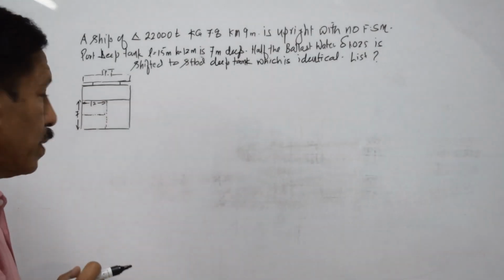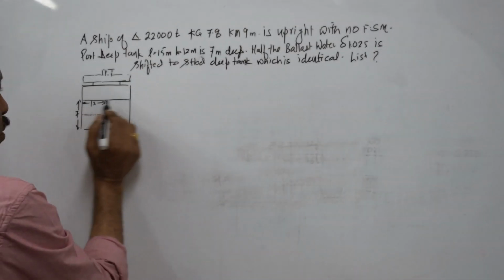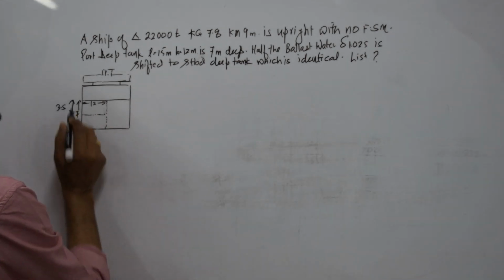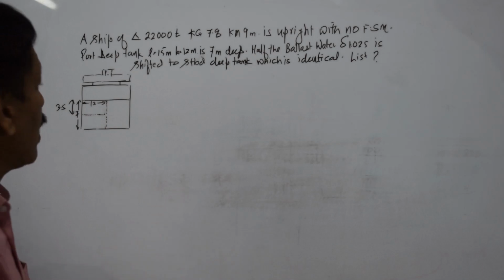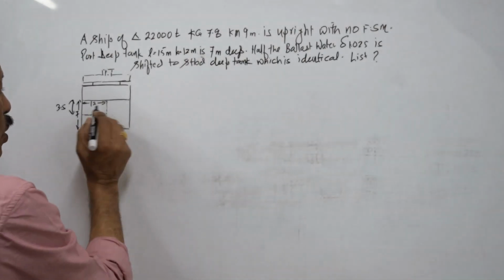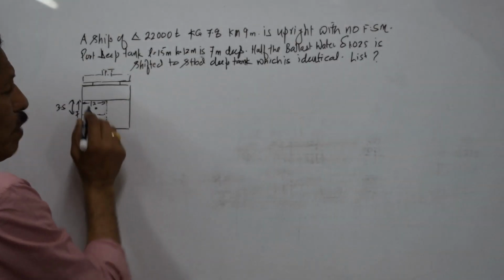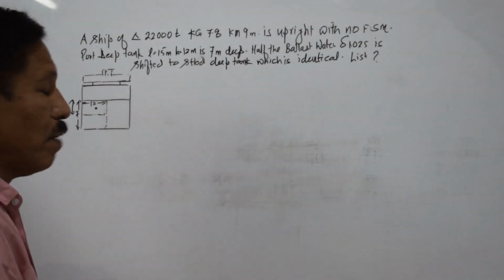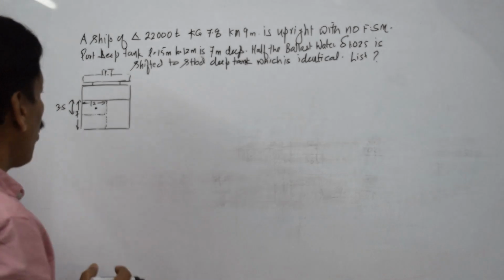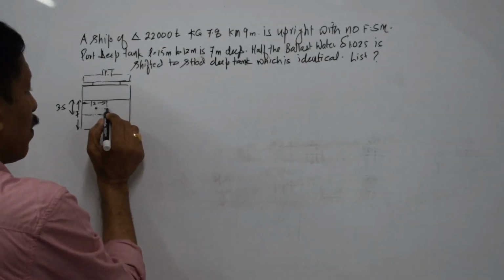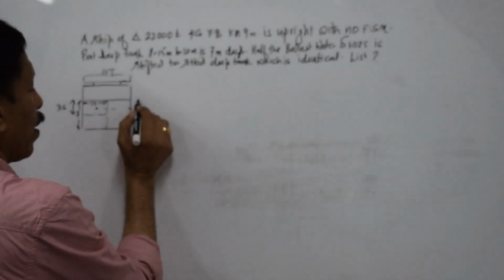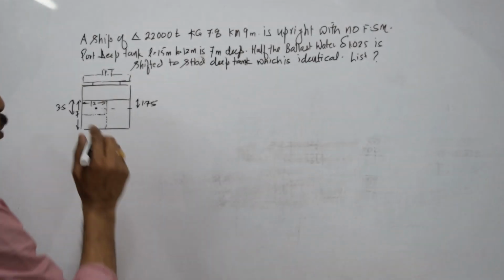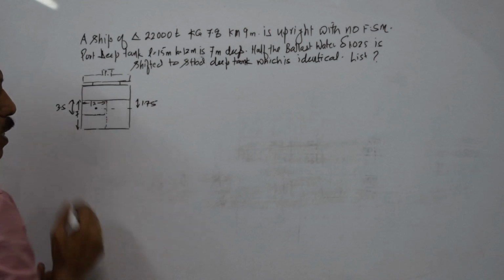Then what happens? The height of this block is 3.5 meters, because half of 7 meters is 3.5 meters. So the centroid of this block is half of 3.5, that means 1.75 meters from the top and 1.75 meters from this demarcation.